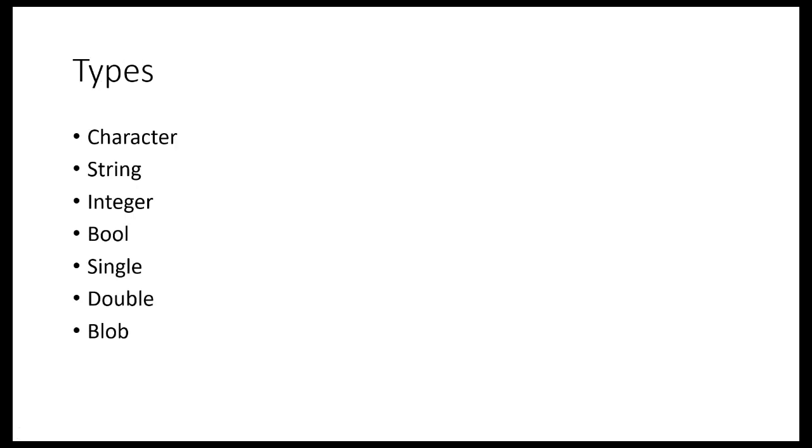So there's a whole bunch of different types of variables. And the reason that we do this is so that we're telling the program this is what we're storing and this is how big it is, so that you know what to expect. So a character, for example, is a single letter or number.